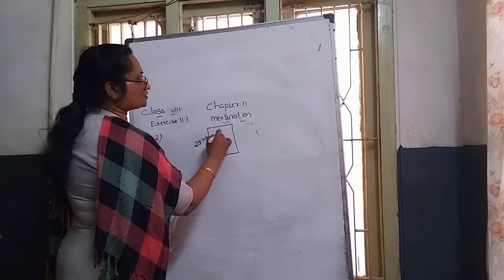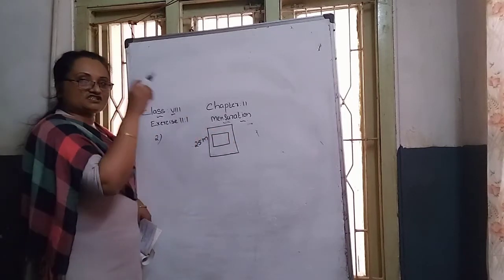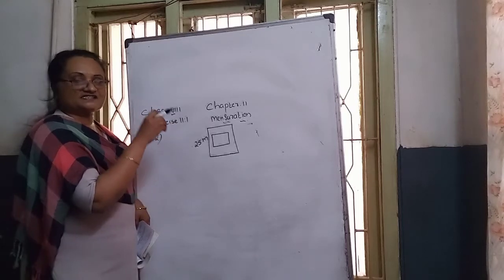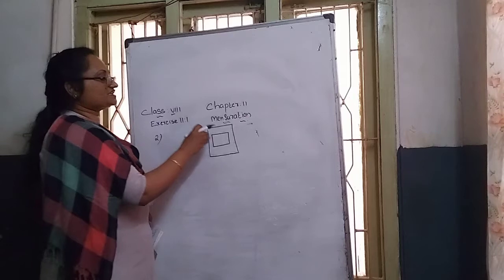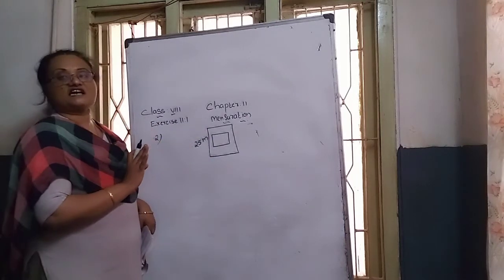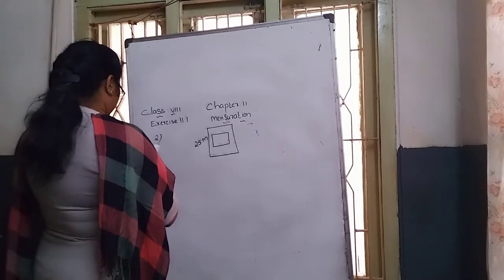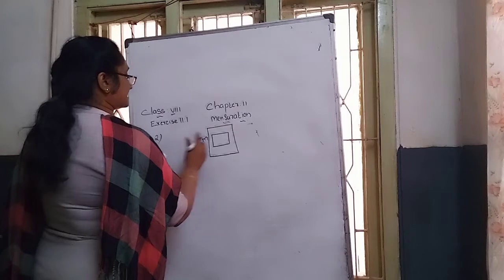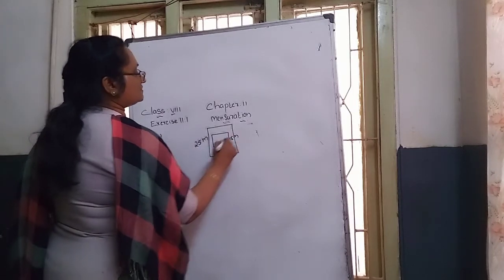She decided to make a rectangle shape house inside the square plot. The length and breadth of this rectangle shape are given: length is 20 meter and breadth is 50 meter.